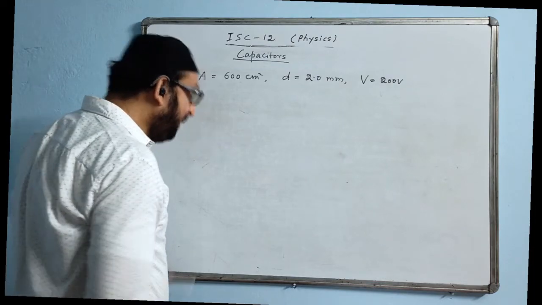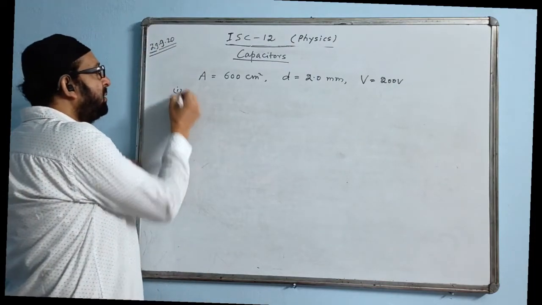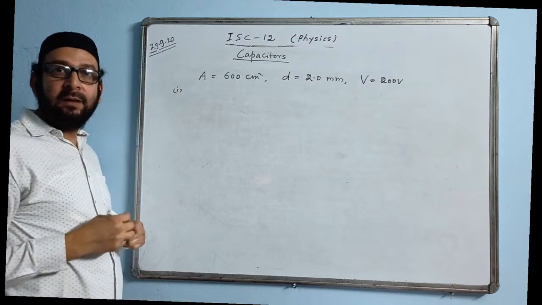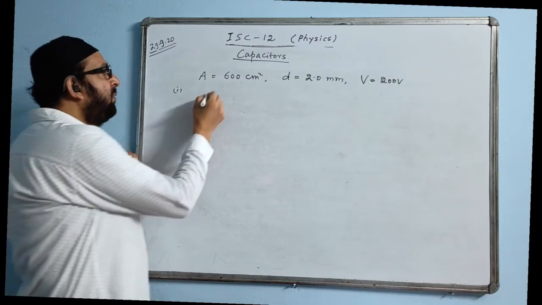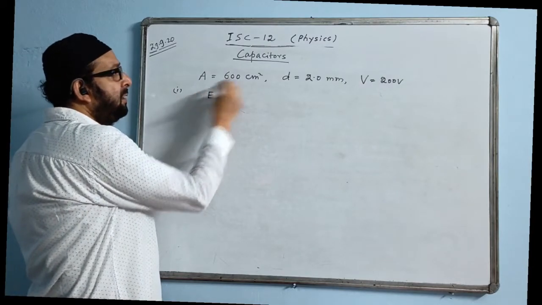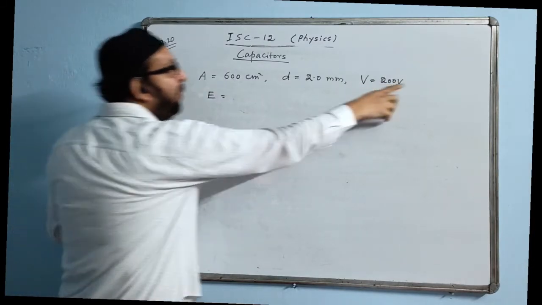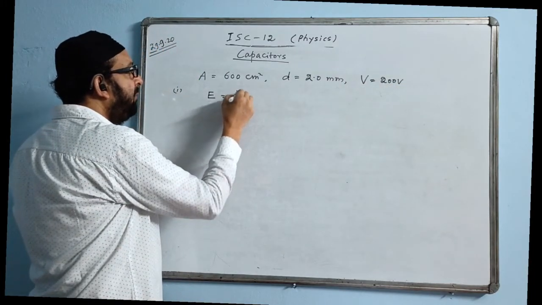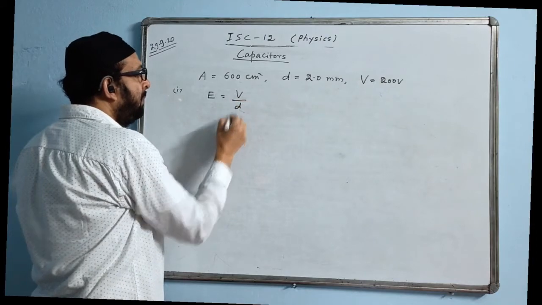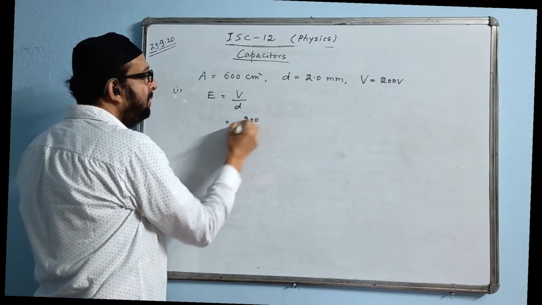Okay, these are the things given. And the first part we have to find the magnitude. The first part of the question is asking to find the value of E, the electric field. What is the formula of electric field here? Electric field formula will be volt per meter, V by D. V value is 200.